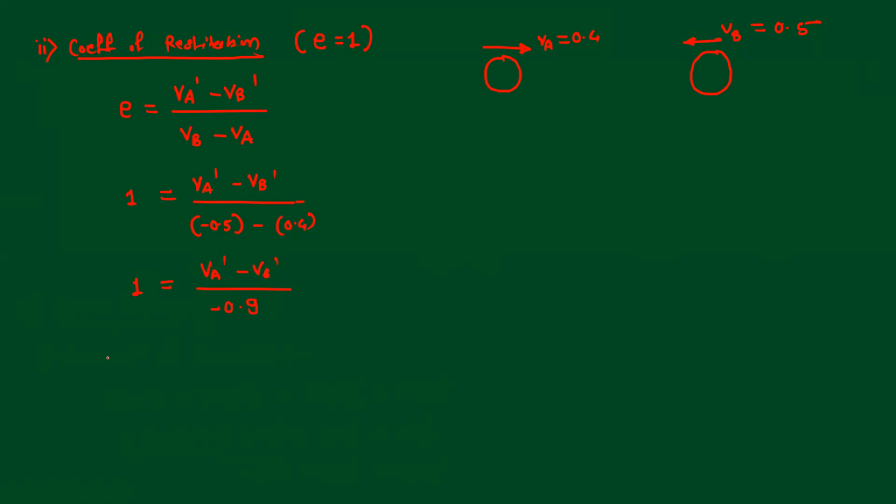So we get the equation VA dash minus VB dash equal to minus 0.9. This is equation 2.